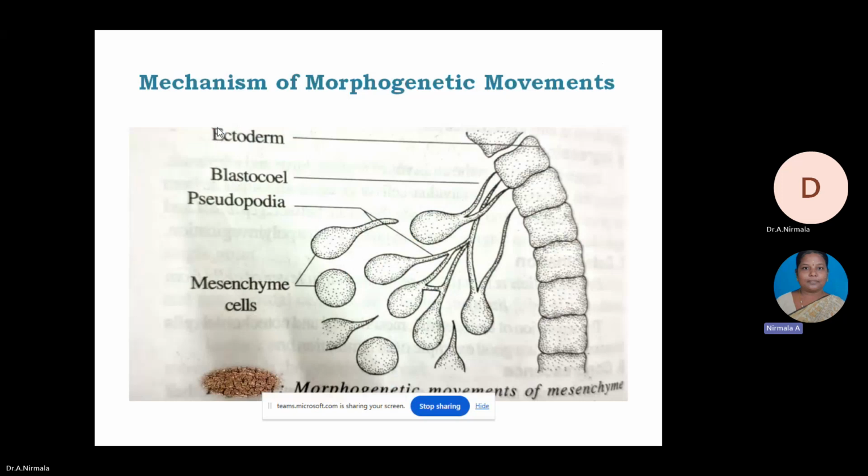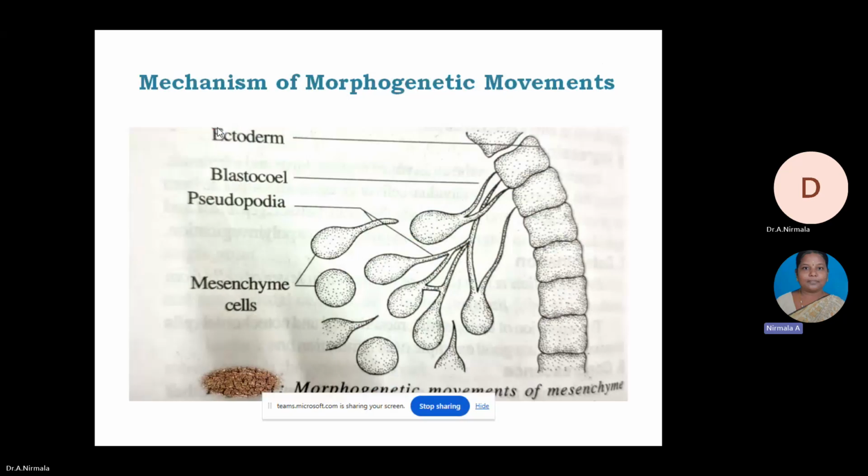The mesenchyme cells are formed from the invaginating endoderm. The cells start bubbling on the inner surface, producing rounded protrusion-like structures, and then the cells are detached from the adjacent cells and released into the blastocoel.